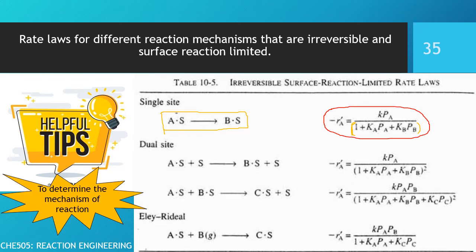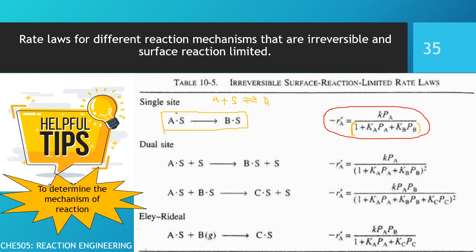The first step is the adsorption step. A plus S equals A dot S. So it is a reversible reaction. Remember, adsorption is always reversible.